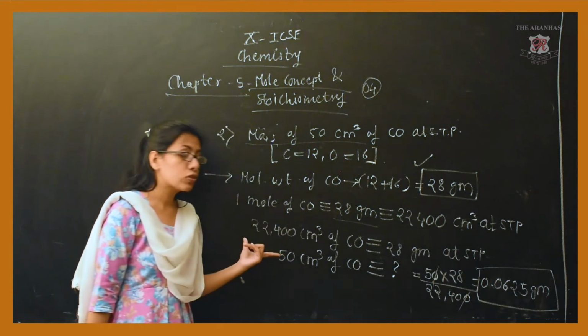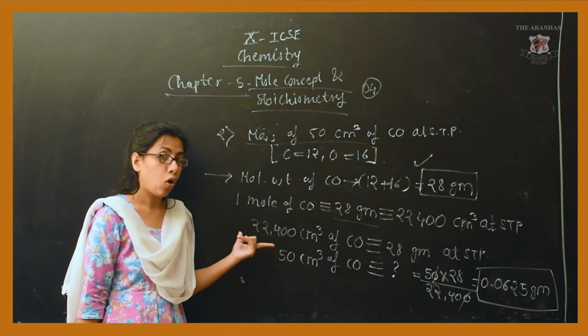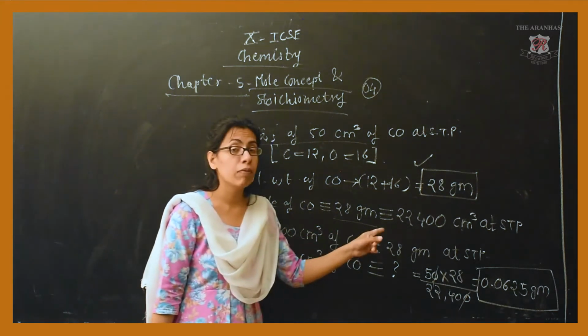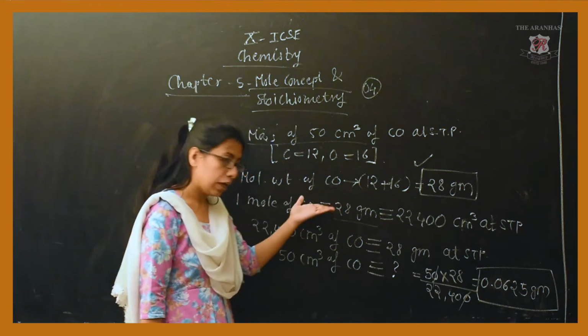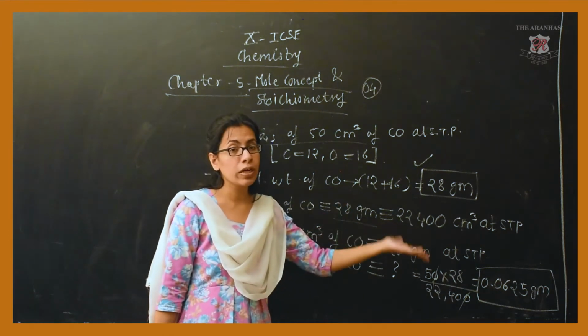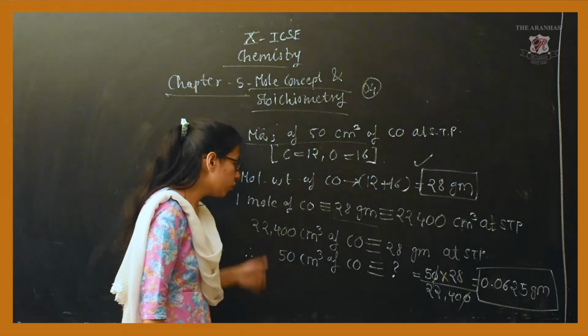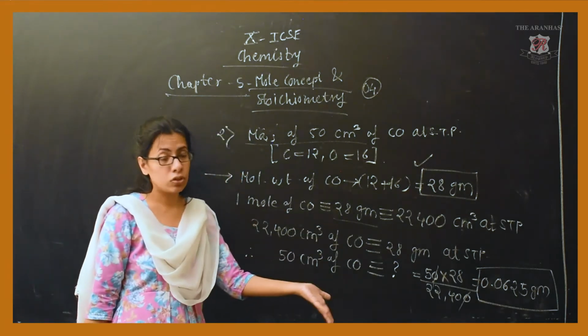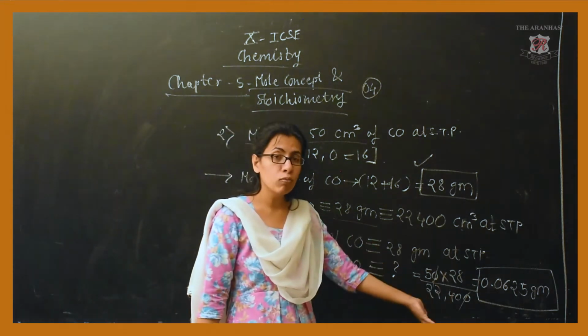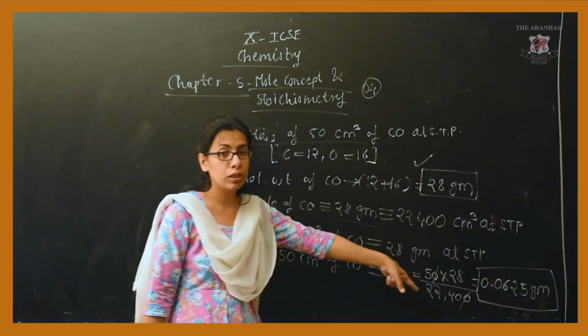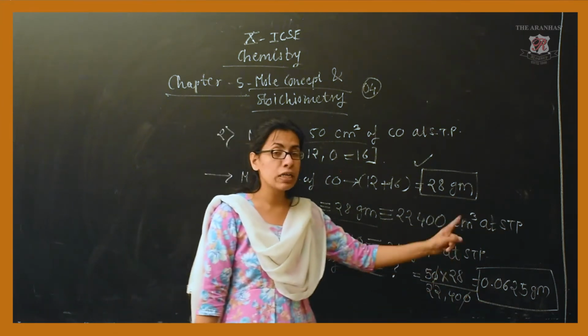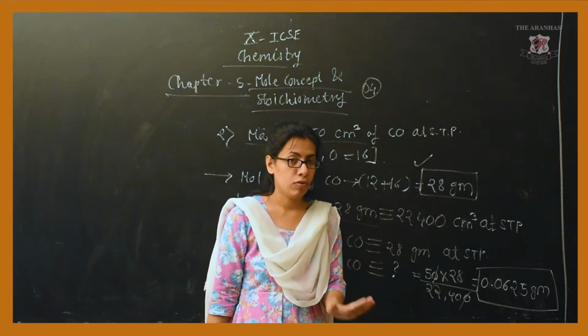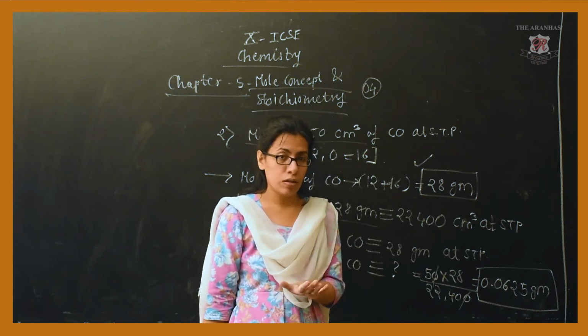So 22400 cc of CO is equivalent to how many grams? Its molecular weight, which is 28 grams. Therefore, this 50 centimeter cube will occupy how many grams? That will be equal to 0.0625. So this is our final answer.